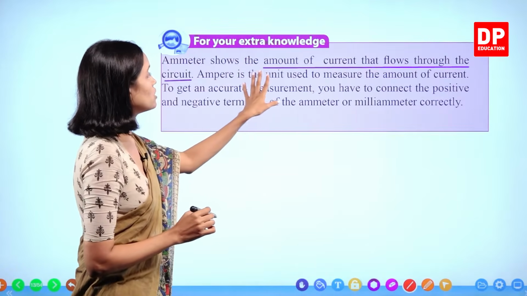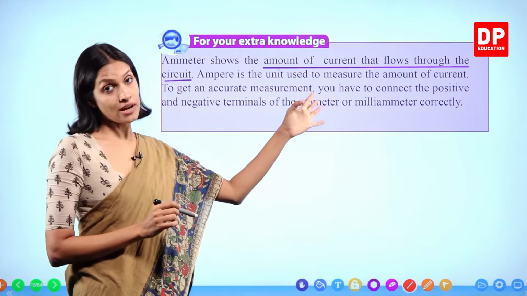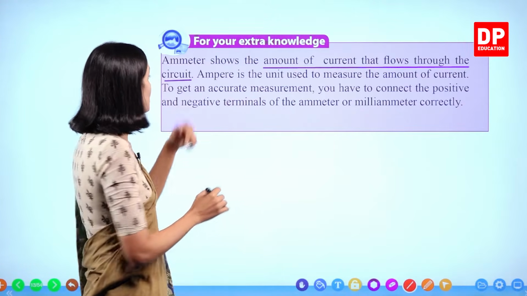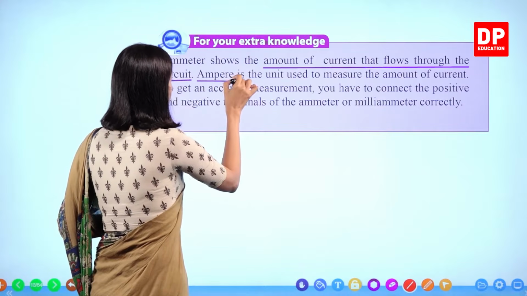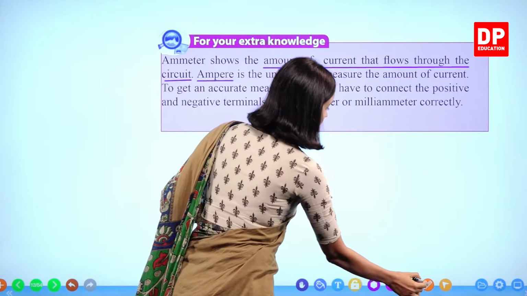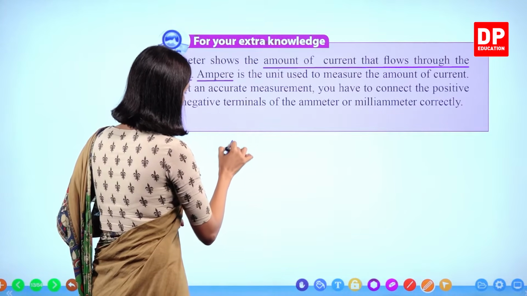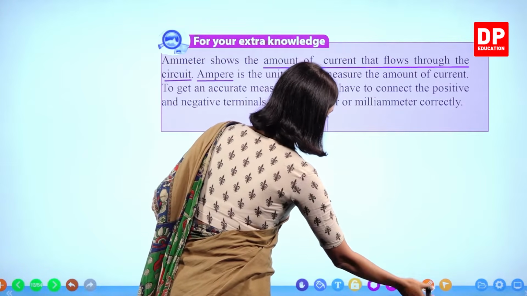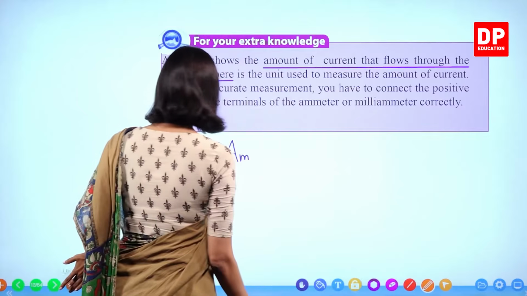Ampere is the unit used to measure the amount of current, right? The amount of current is measured in amperes. The symbol of ampere is capital A, children, right? Let's write again.